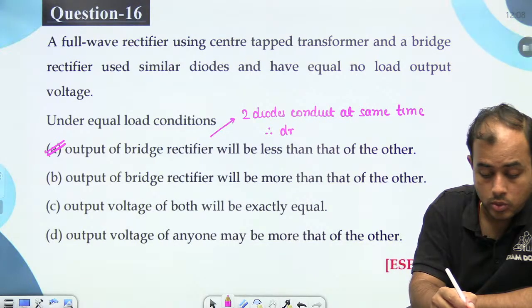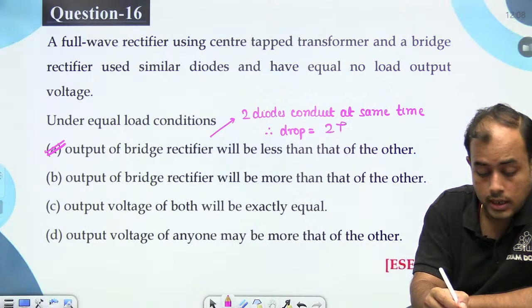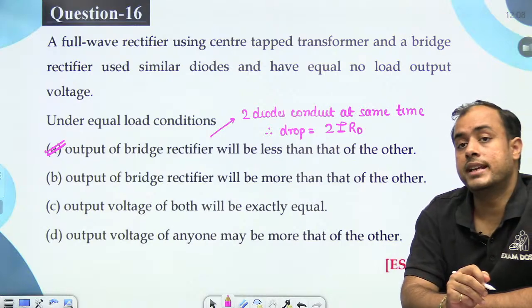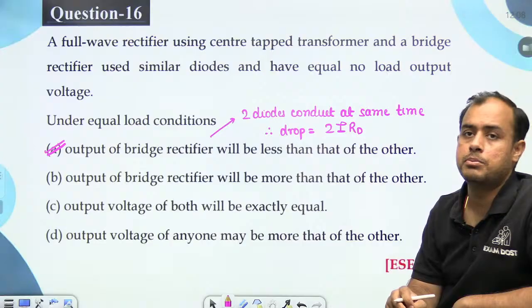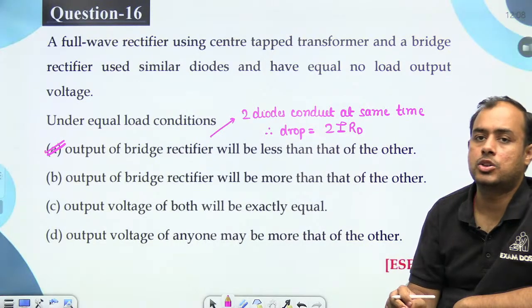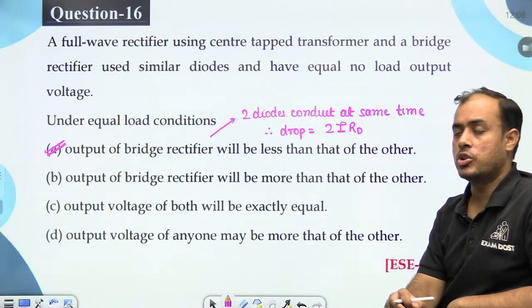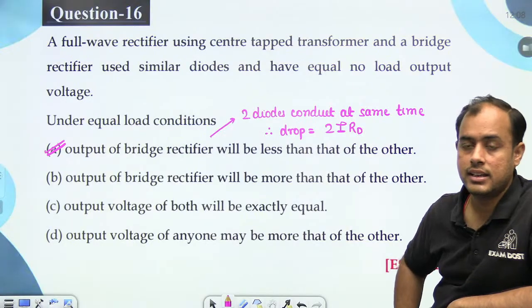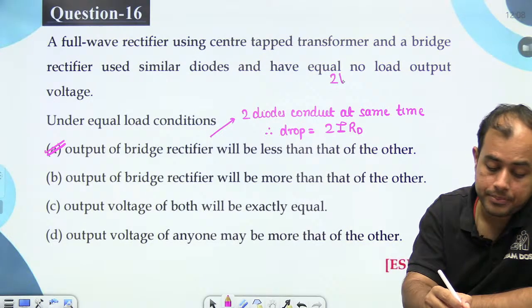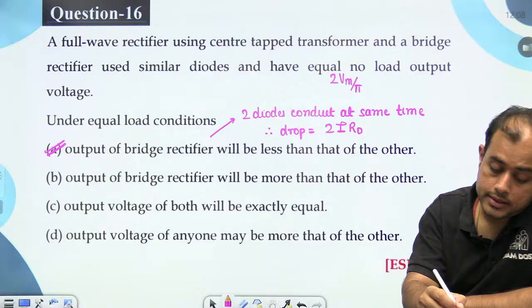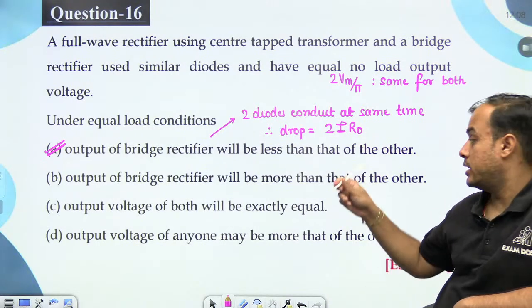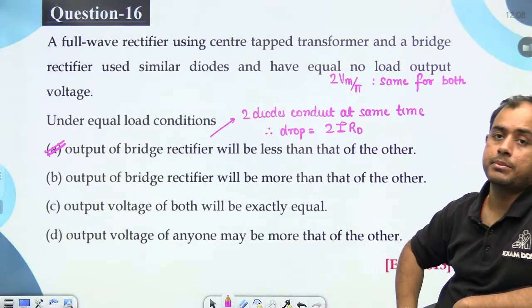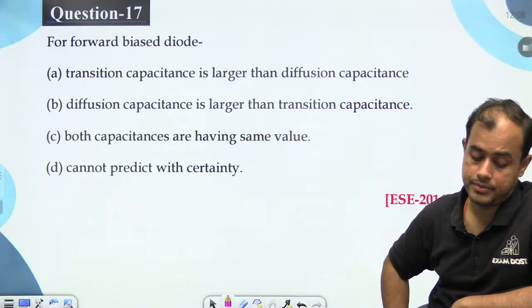Therefore, the drop is equal to 2IRD. So the bridge rectifier has more drop as compared to the full wave rectifier. Because no load output is the same, so what happens in loaded condition? In loaded condition, here two diodes are conducting at a time, so the drop will be higher.